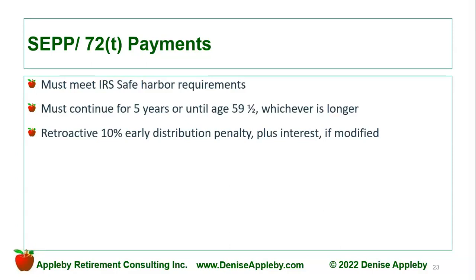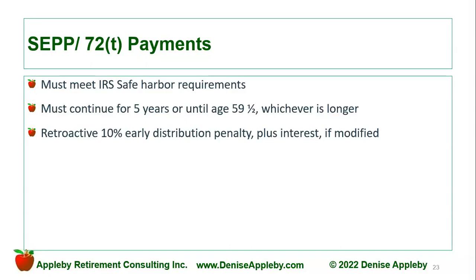And these 72T distributions must continue for 5 years or until the IRA owner reaches age 59 and a half, whichever is longer. And I say IRA owner, but that also includes a participant in an employer-sponsored retirement plan. So what happens if someone starts a 72T program and then breaks the rules?